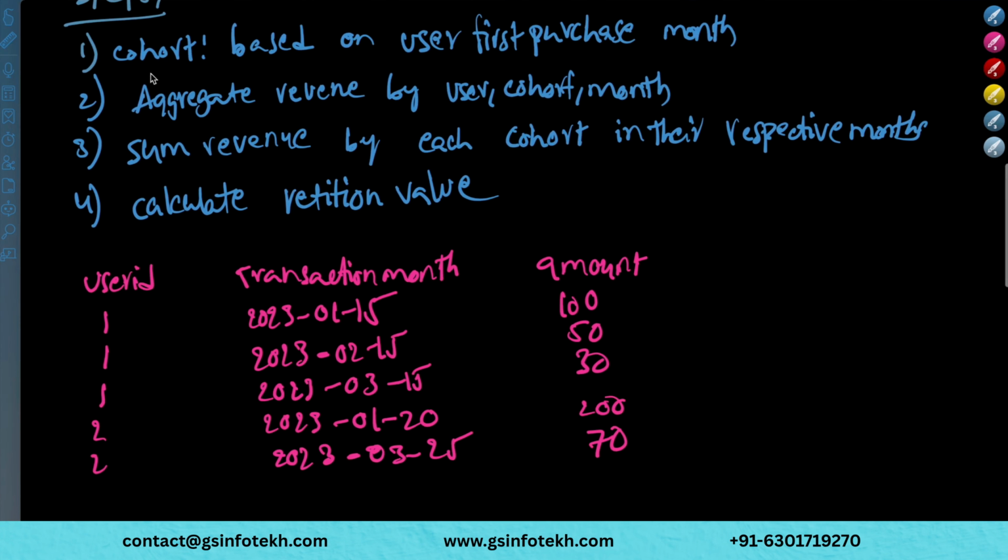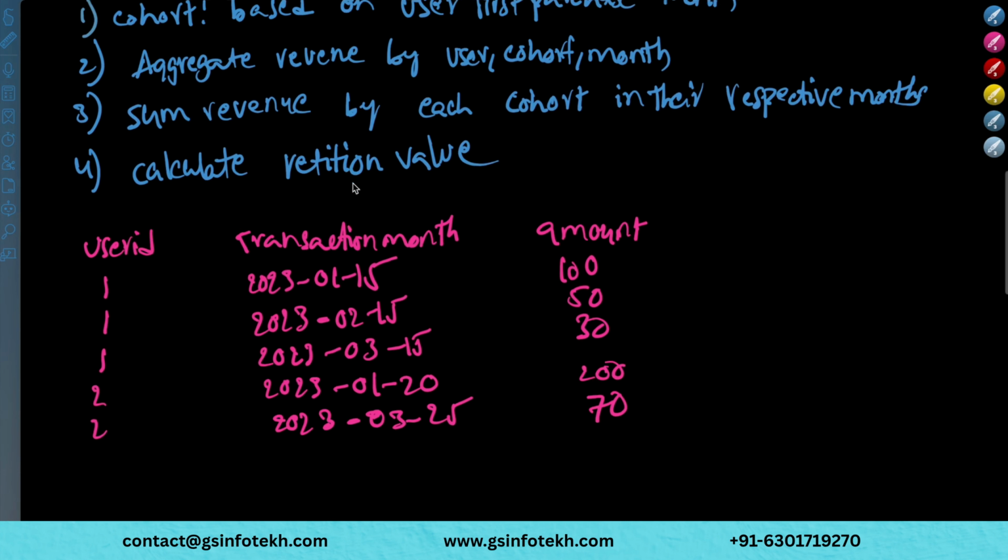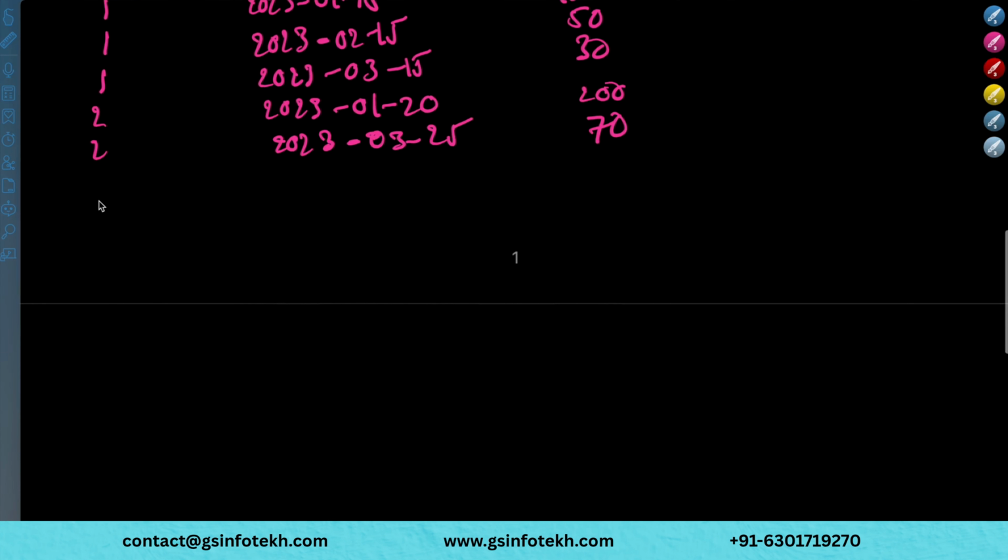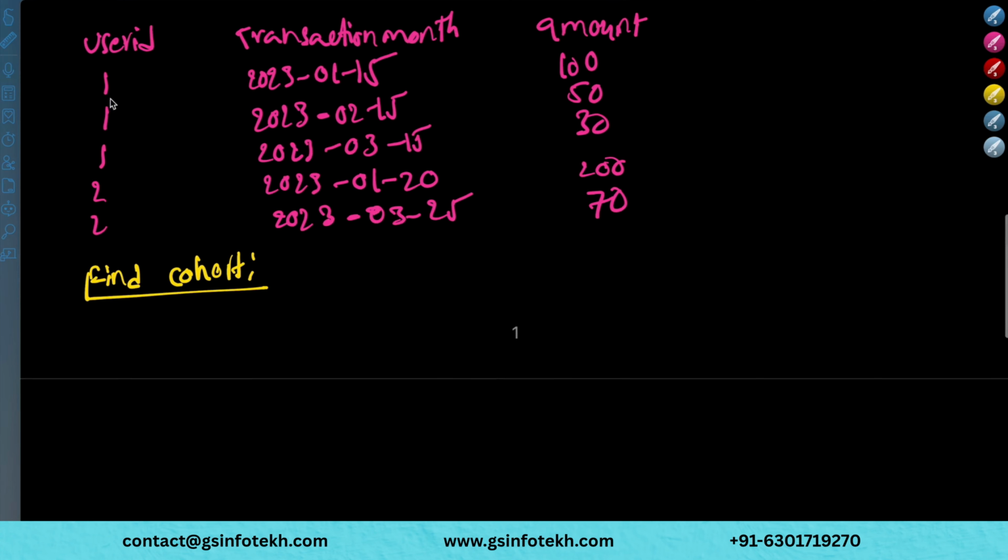Let's see how to find a cohort. The first step is to find a cohort, correct? For finding the cohort, it's very easy. Since we have two users, we just need to find the minimum transaction month for each user. So now the cohort table: user ID, cohort month.